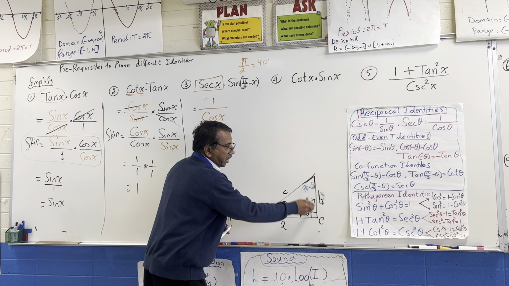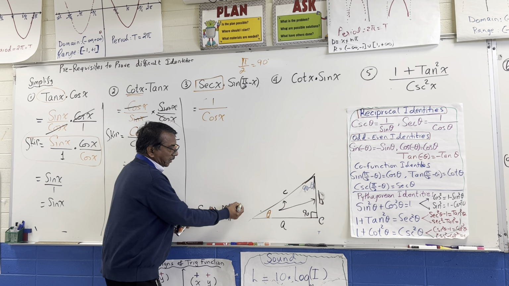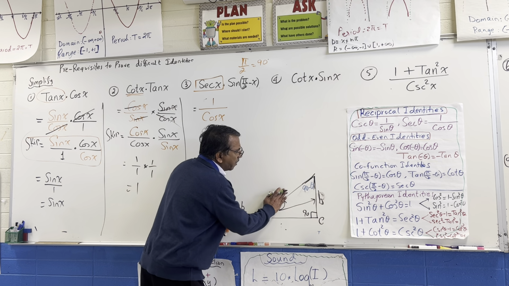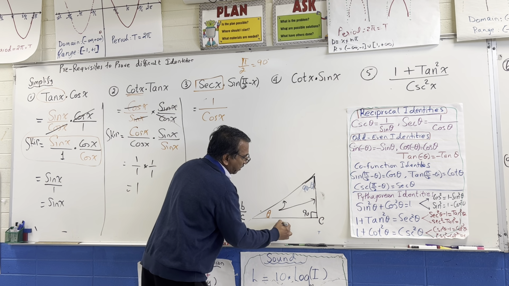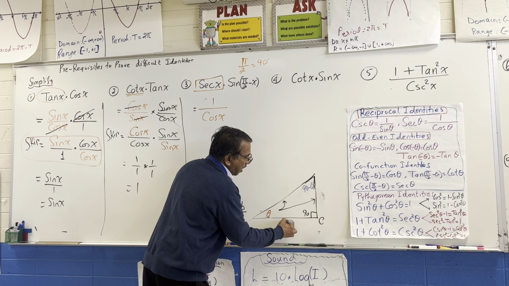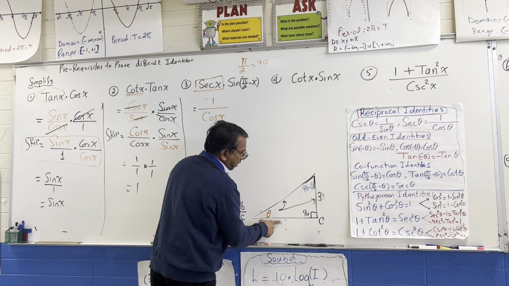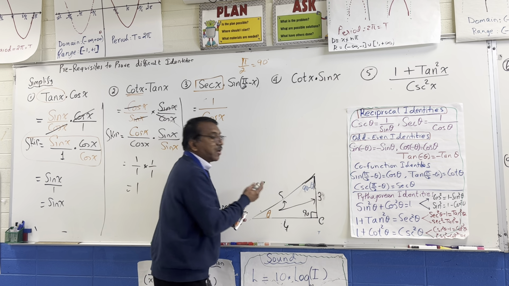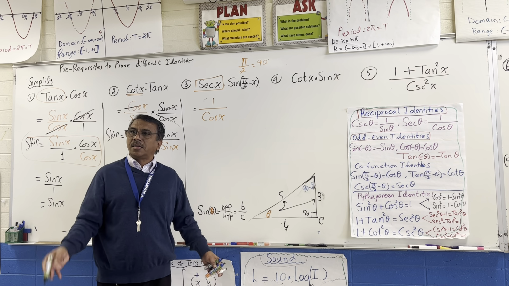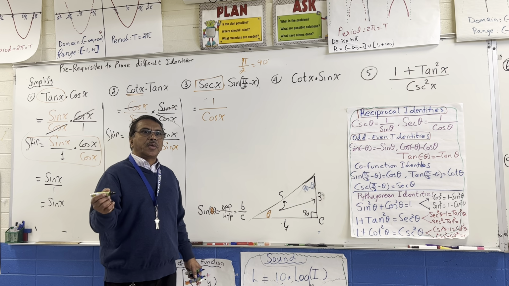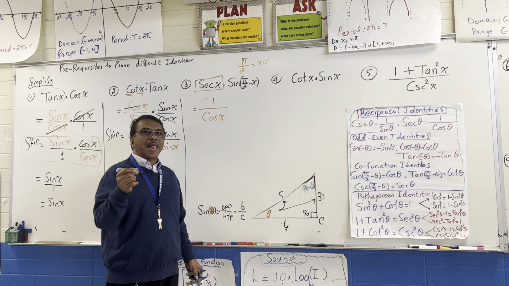B. B over C, agree, right? Or let's put a number, that's better to avoid confusion. Let's put this as 3 and this as 4 and that is 5, because we all know it's a Pythagorean triplet, right? 3, 4, 5. 3 squared plus 4 squared is 5 squared, right? Natalie, are you there with me?